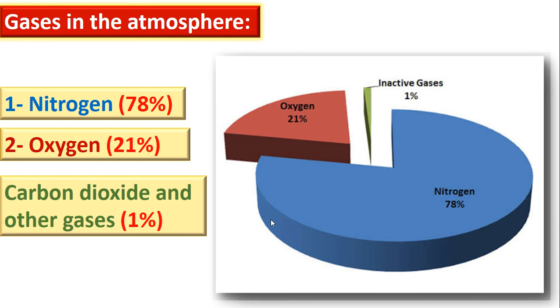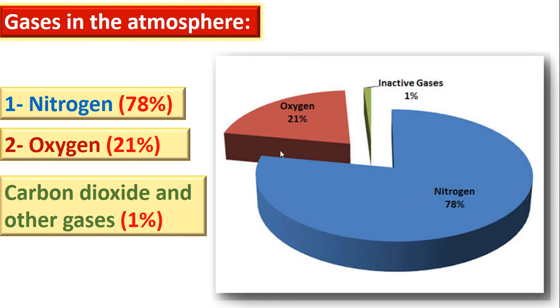The nitrogen makes up 78% of the gases of the atmosphere. So the most abundant gas in the atmosphere is nitrogen.